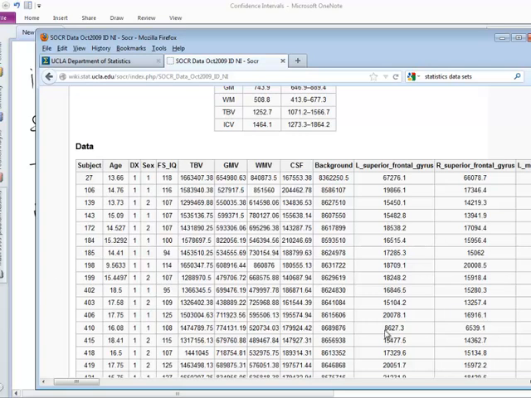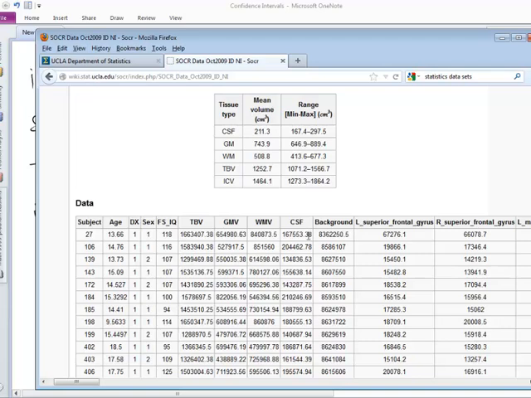And what I would like you to do is to go ahead and calculate and take as random variable the cerebrospinal fluid measured in cubic centimeters.